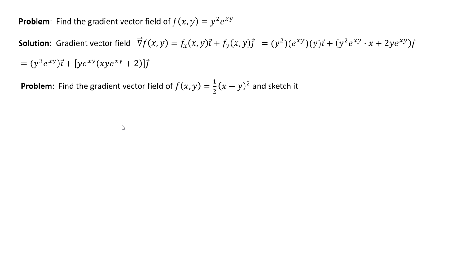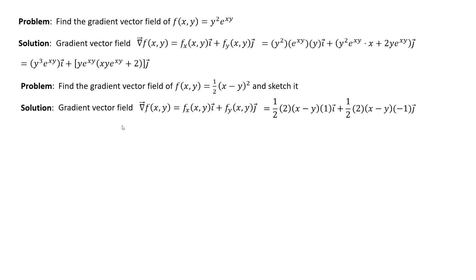Find the gradient vector field of f of x, y equals 1/2 of (x minus y) square and sketch it. Yeah, same idea. But the only thing is we have to go ahead and actually draw the vector field. And what I noticed was, it turns out to be (x minus y) i plus (y minus x) j.